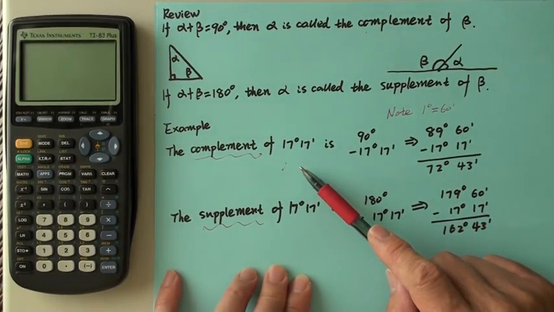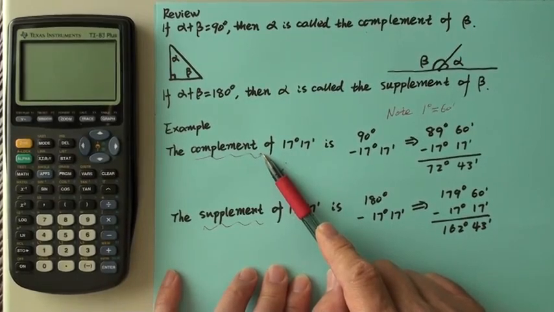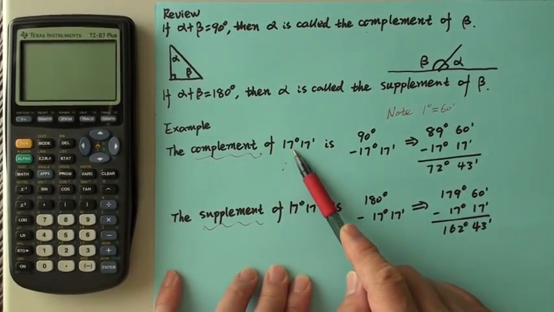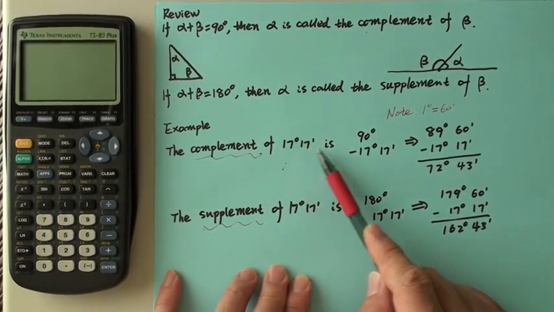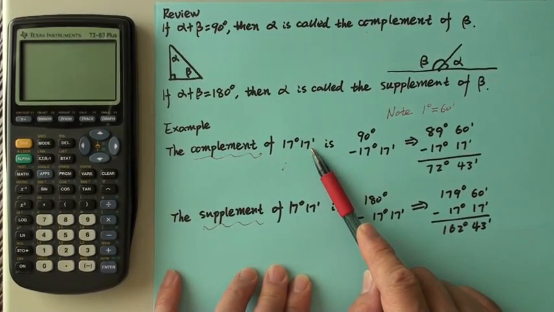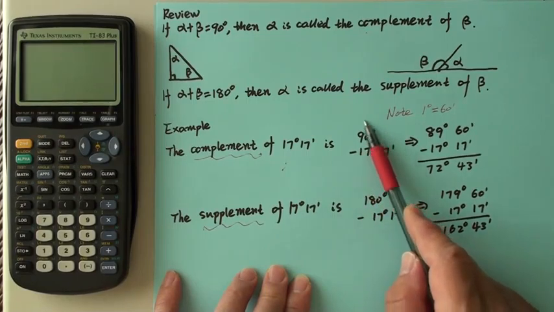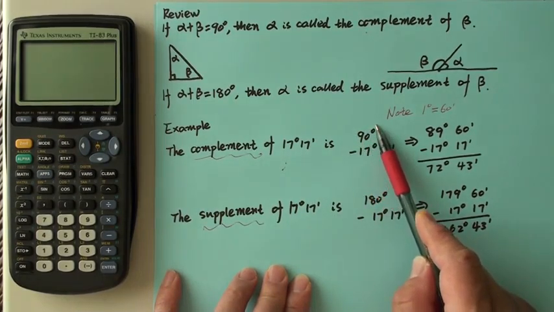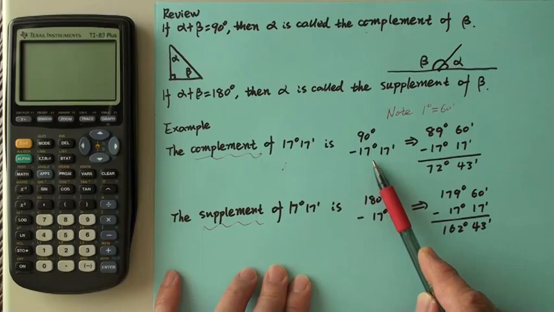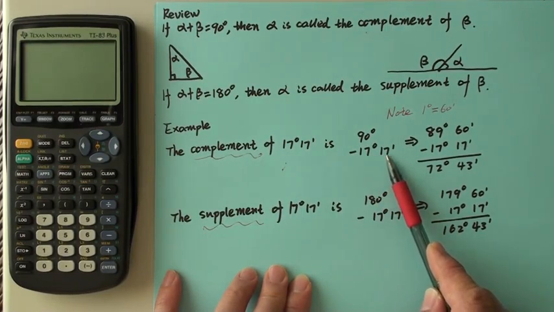Okay, now here is the example. Find the complement of 17 degrees, 17 minutes. How to do that? You use 90 degrees, subtract 17 degrees, 17 minutes.